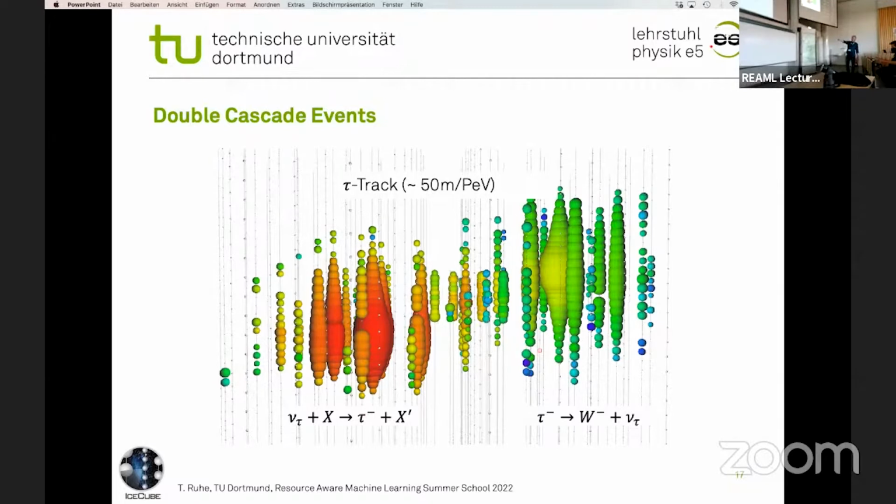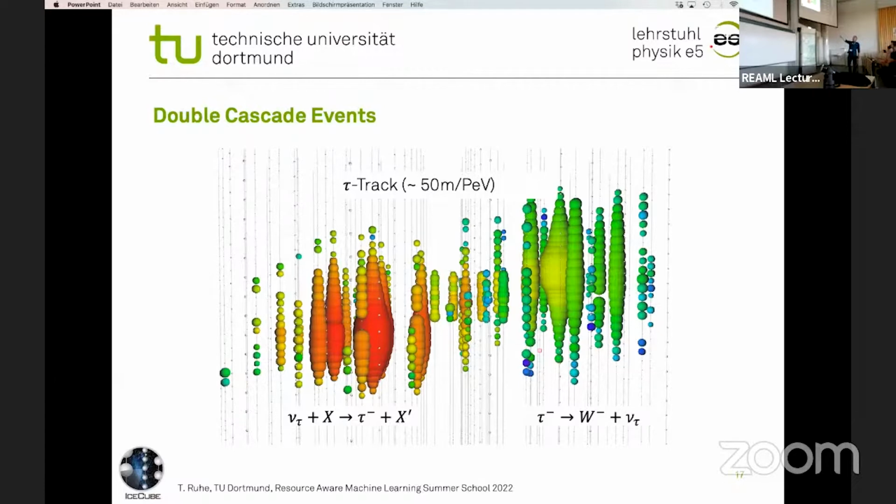So this tau neutrino interacts with the nucleus, a tau lepton is created, and this tau lepton actually decays at a second vertex, and then again decays into the W minus, that's a boson, and another tau neutrino. So it's like these dumbbell-shaped events, right? You have a cascade, you have a track, and a second cascade. Very unique. But the point is, if we would have seen this at one point, it would be clear identification of a tau.